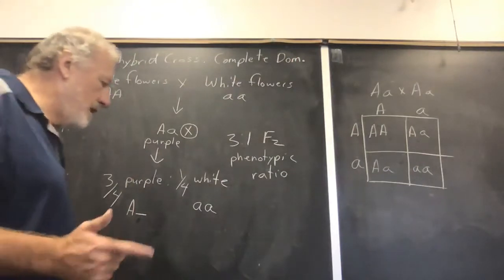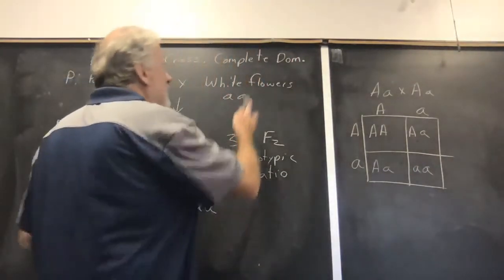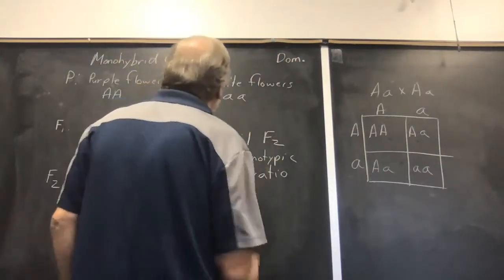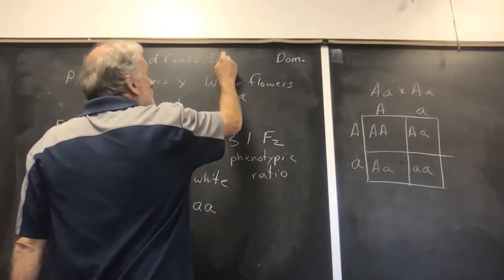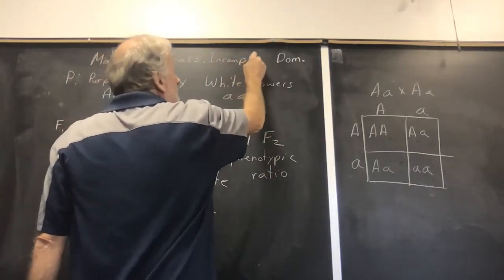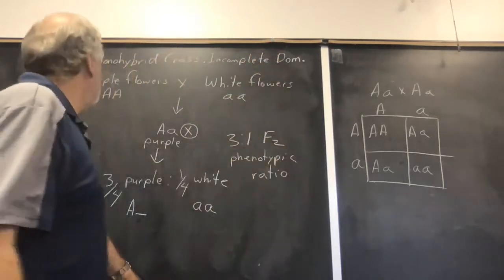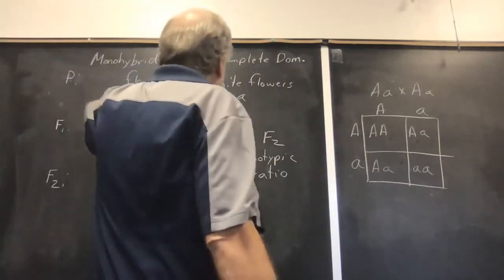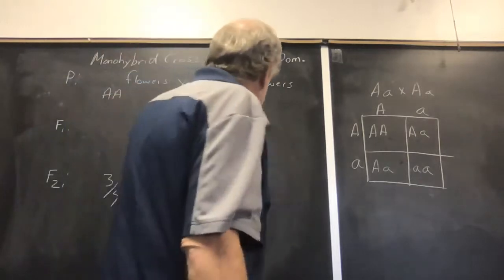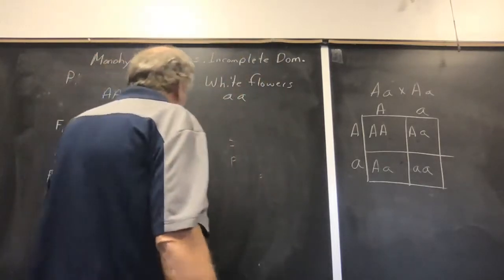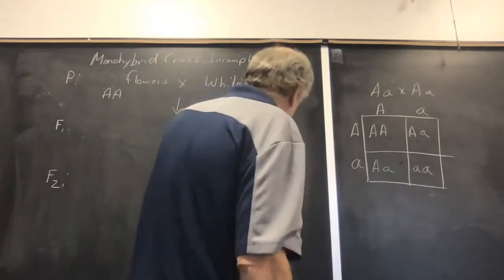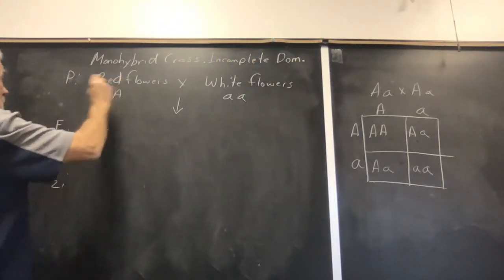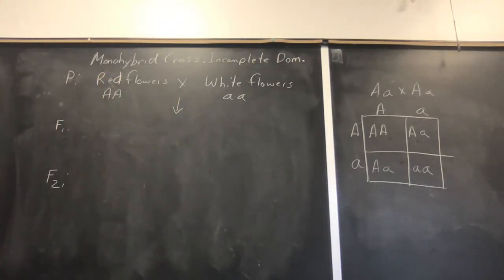So now let's move on to a monohybrid cross with incomplete dominance. This cross involves a different species of plant.